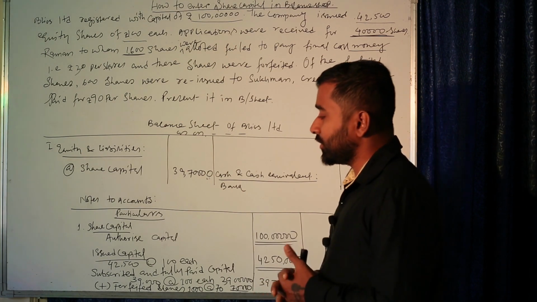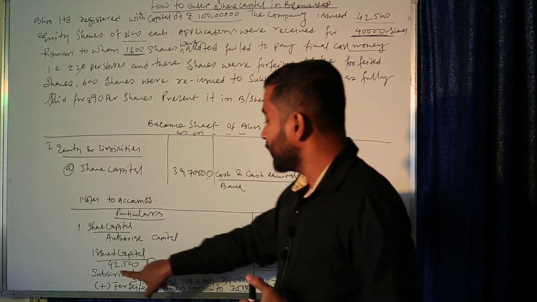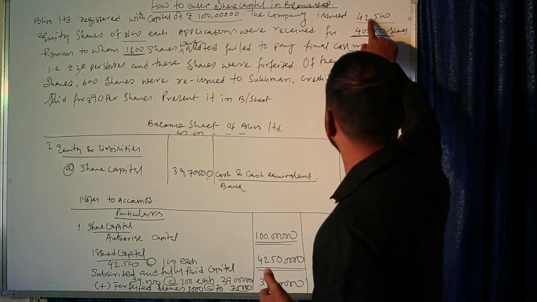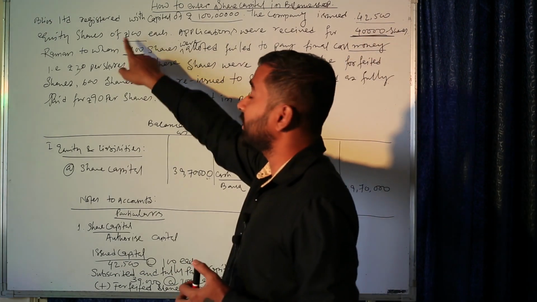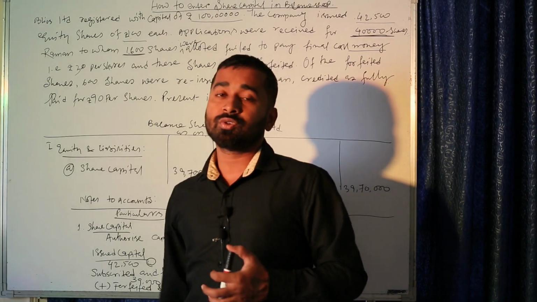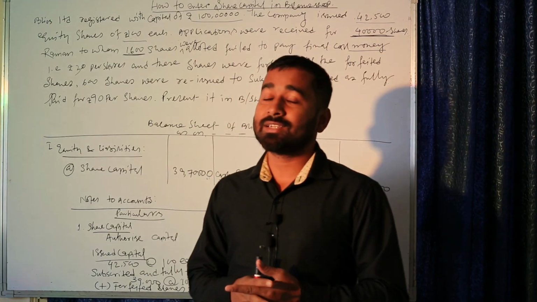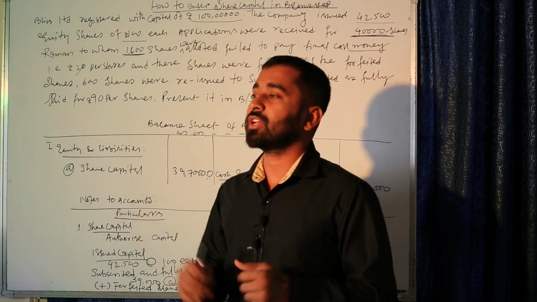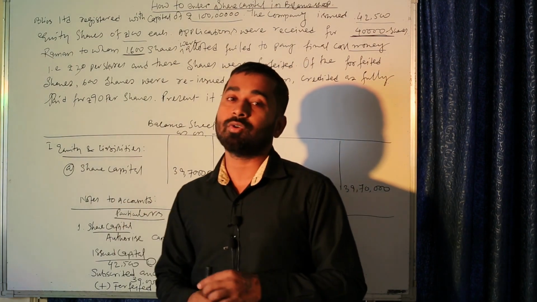Next part, issued share capital. If you check the question, the issued share capital is 42,500 shares at the rate of 100 each. Again, this issued share capital does not mean that you have received that money. It is also for showing purpose, how much share capital you have issued.